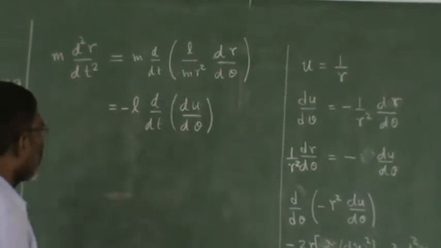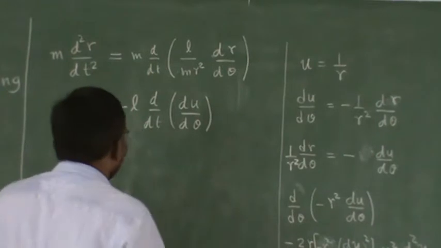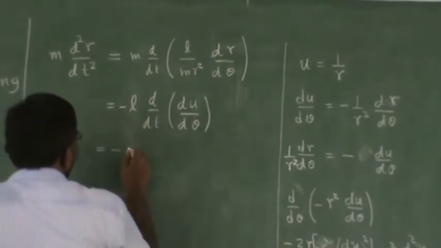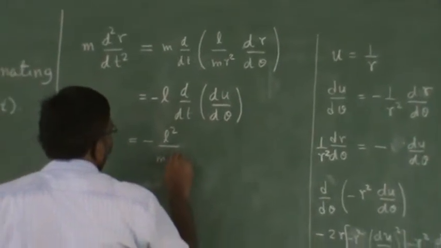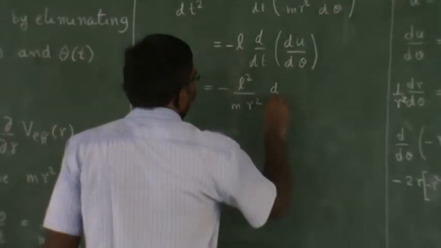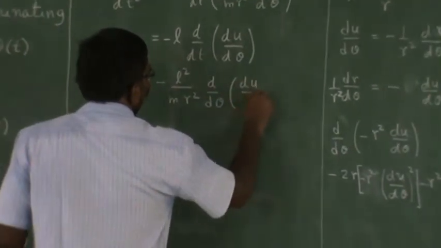You understand that? Now again d by dt is minus L square by m r square into d by d theta of du by d theta.